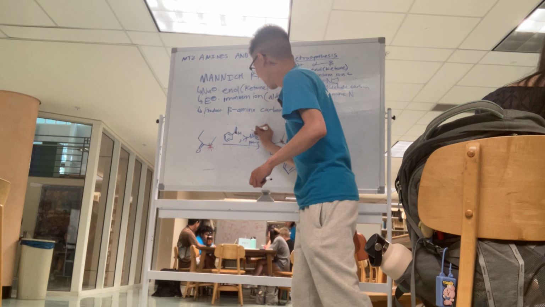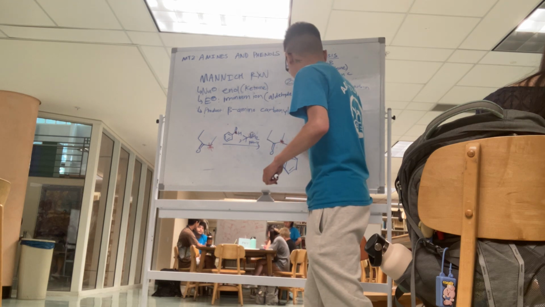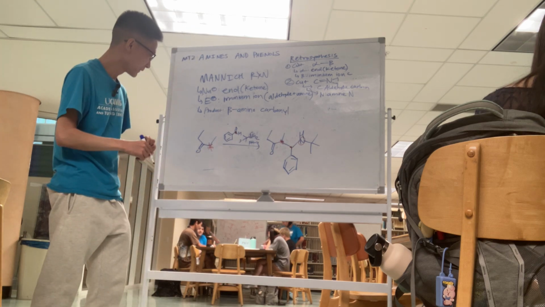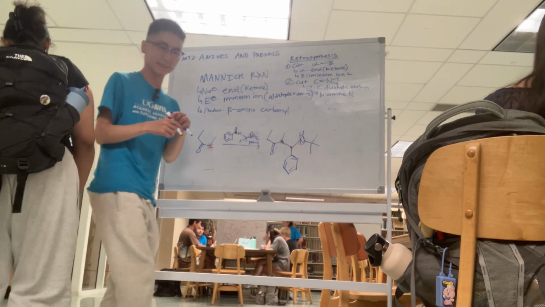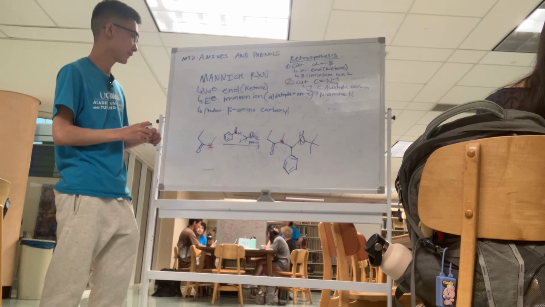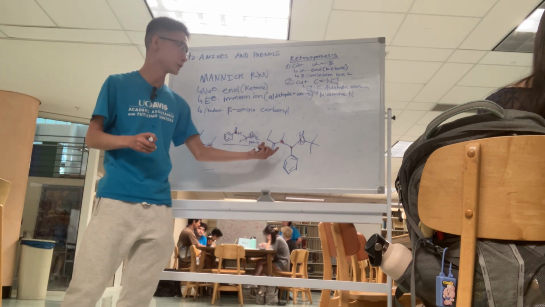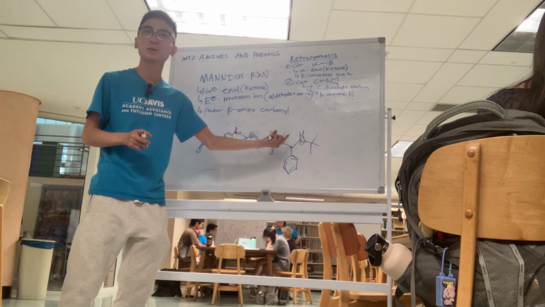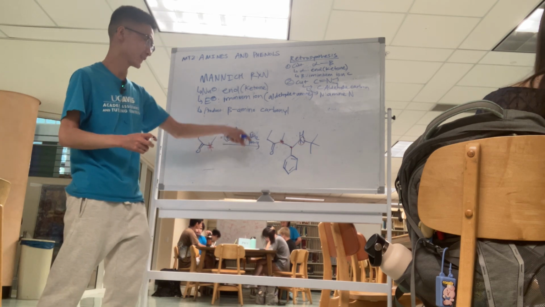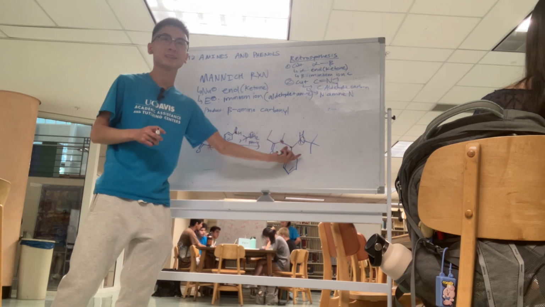Let's say this is a circle. So that's how you can go to the Mannich reaction product right away from these three components: star, dot, circle, and that's the star dot circle connection right there.